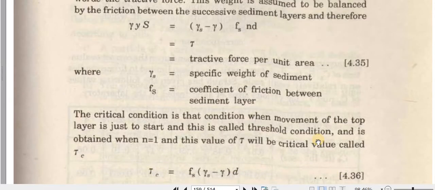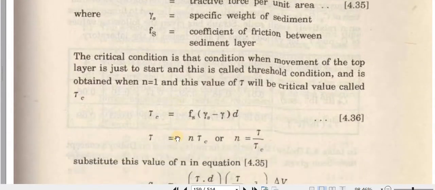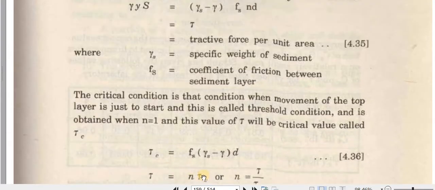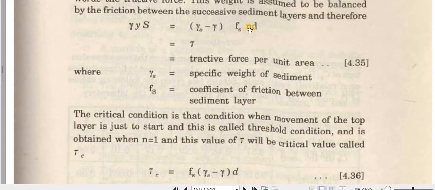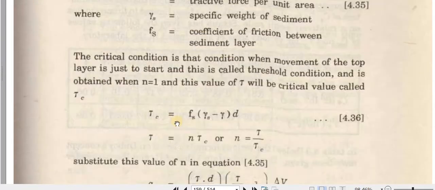If we compare these two equations, T is equal to N into critical tractive force, and this is the critical tractive force, f_s times gamma_s minus gamma, and the remaining will be N. So T will be equal to N into critical tractive force.